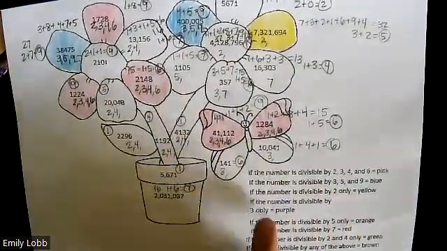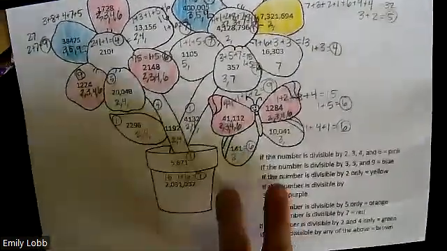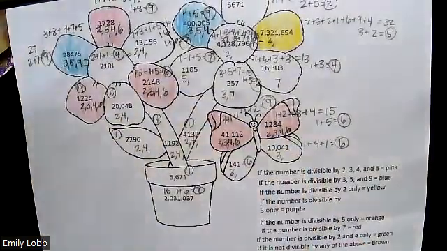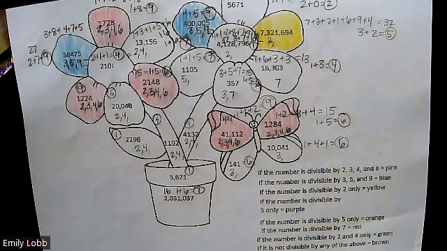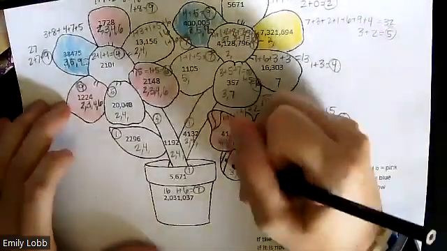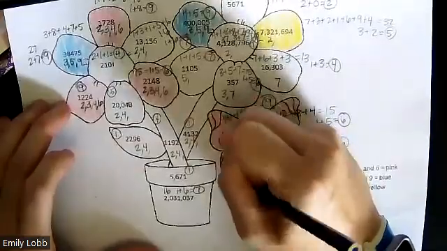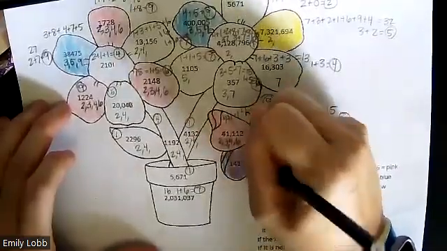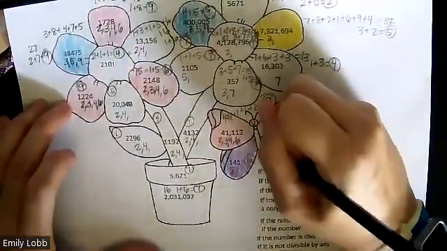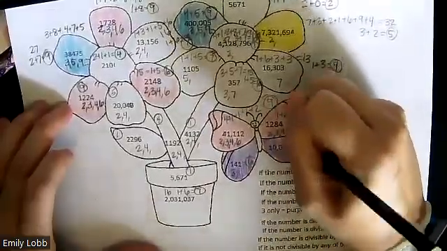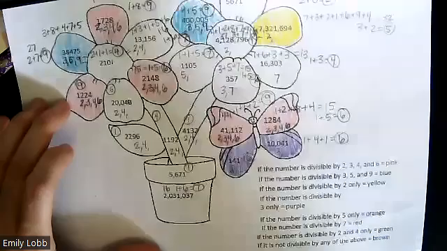If it's divisible by 3 only, these 2 down here, we're going to color purple. I think this is purple. So notice these were odd and divisible by 3. The digits added up to 3, 6, or 9.